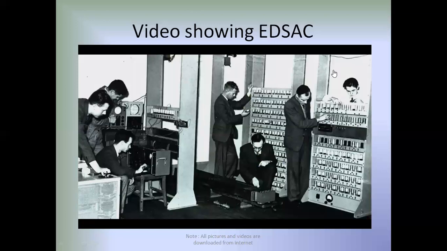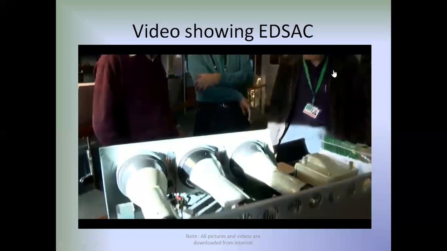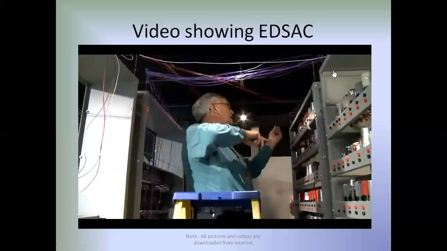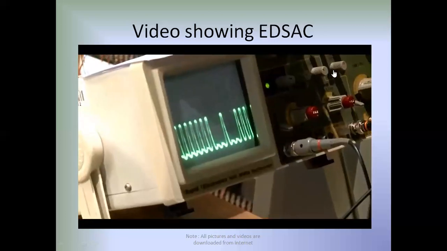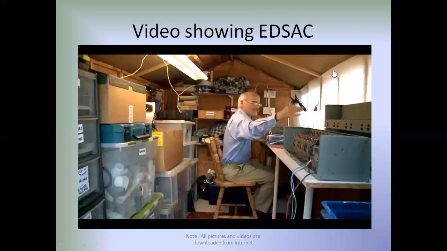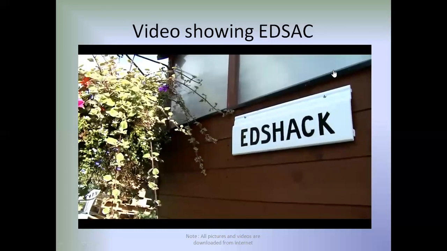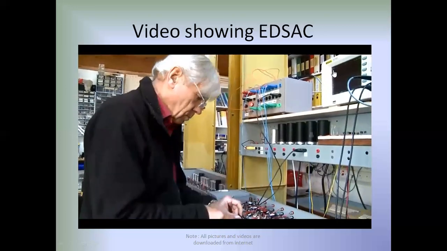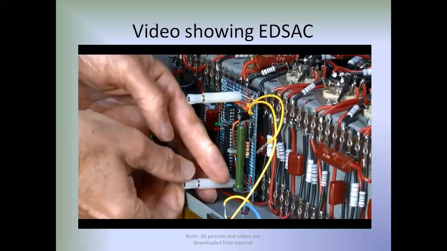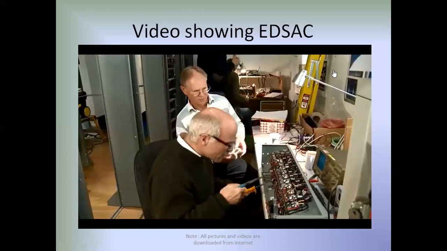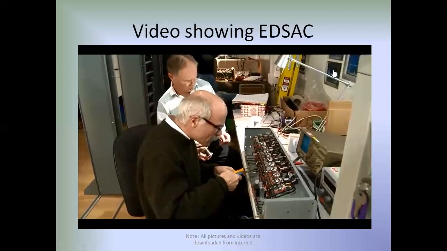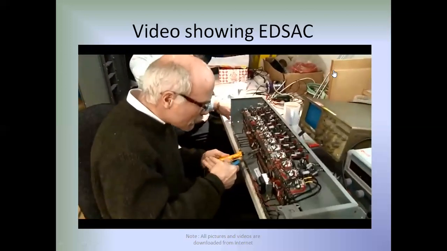EDSAC was kept going by a team of dedicated engineers. Today, our dedicated volunteers are working here many days a week to get this authentic replica working. They built parts of the machine at home in their sheds and slowly brought them here, where we're now into the process of integration and commissioning. Like the pioneers, we run into unforeseen teething problems which we're having to solve.